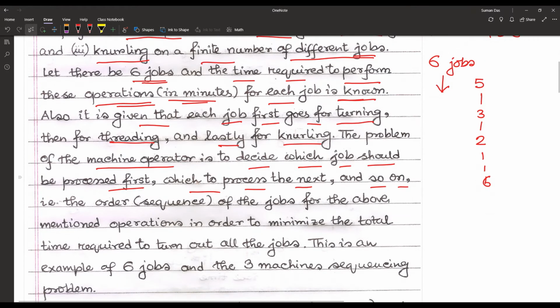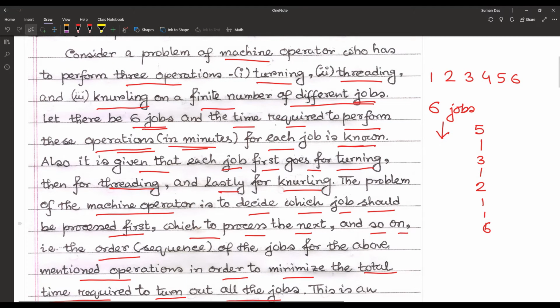The operator has to find the order or sequence such that the total time required to turn out all the jobs is minimized. That means it is not always 1 to 6. If we sequence the jobs in the right way, then the minimum time requirement is fulfilled.